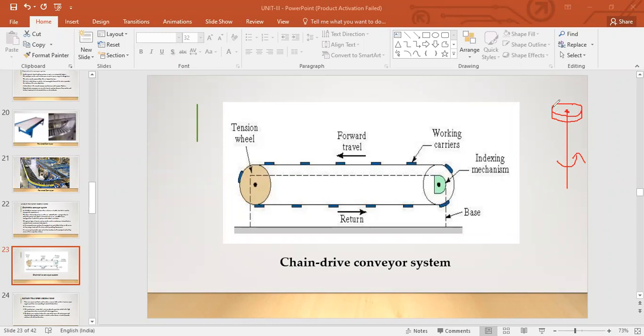So you'll get it like this. Let's say this is one corner, that is another corner. When it moves, it will take parts from here, they are moving like that, all the way through the pulley. So that's why you call it around the corner, isn't it? If it is around a vertical axis, then you get the around the corner configuration. If it is horizontal, then you get over and under.